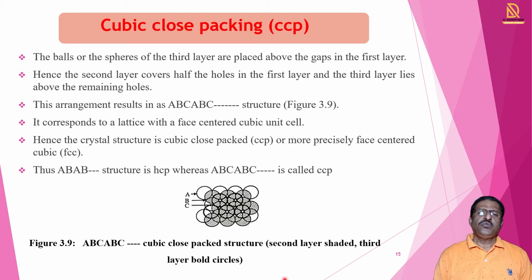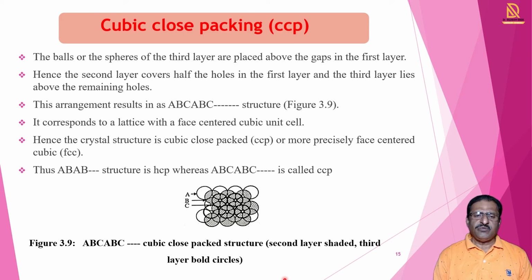Now we see the cubic close packing or CCP. In this CCP, firstly we use the first layer as seen previously. Then we use the second layer like B. Then the third layer we place above the gap in the first layer.